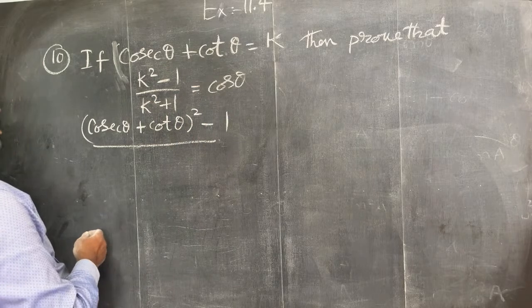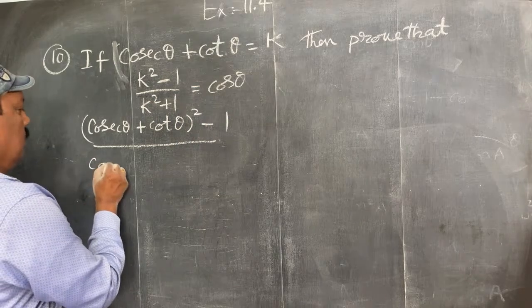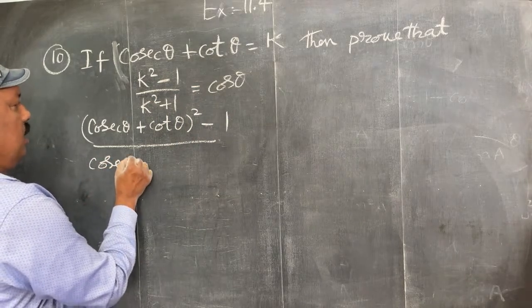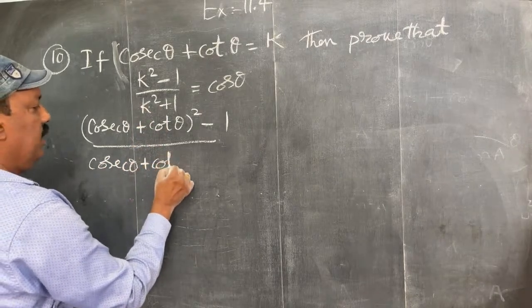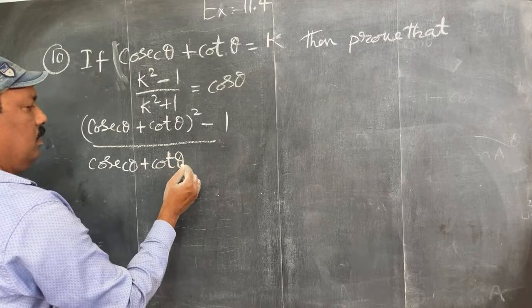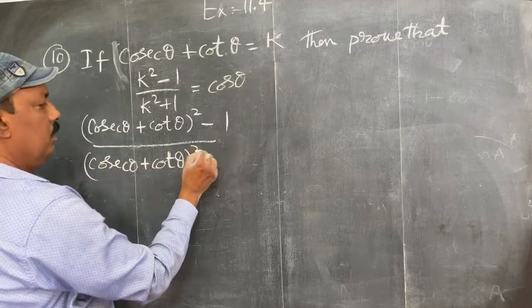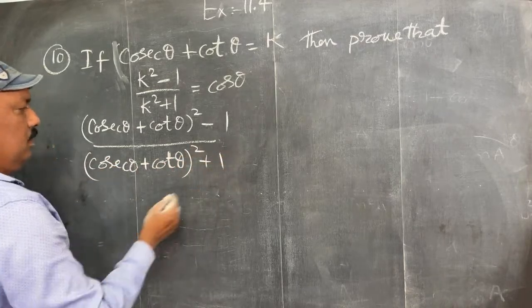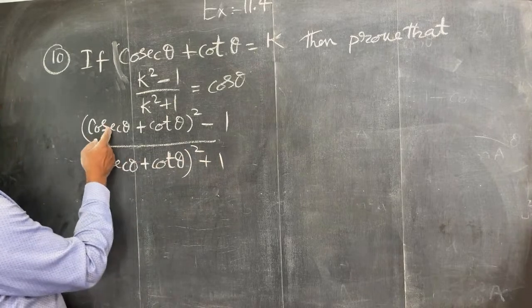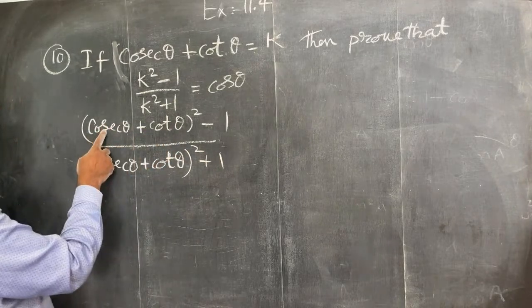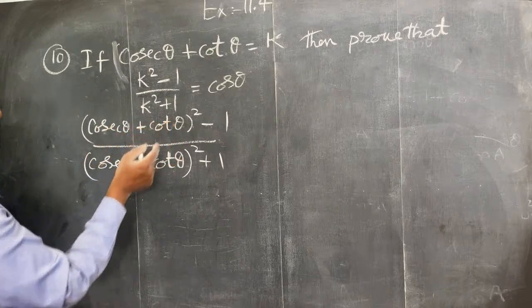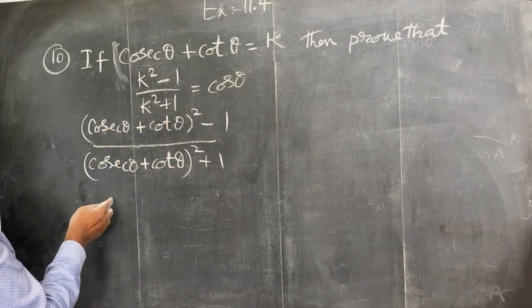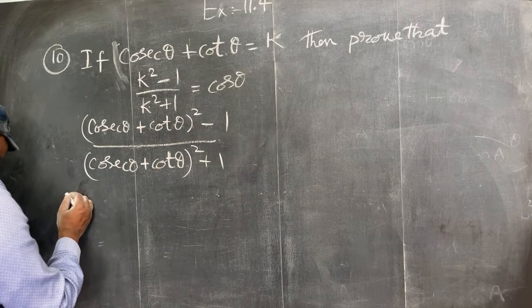Now the second one, cosecant theta, again k placement, plus cot theta, whole square plus 1. Again, this is cosecant theta plus cot theta, it became (a plus b) whole square, and so now we have to expand this one.